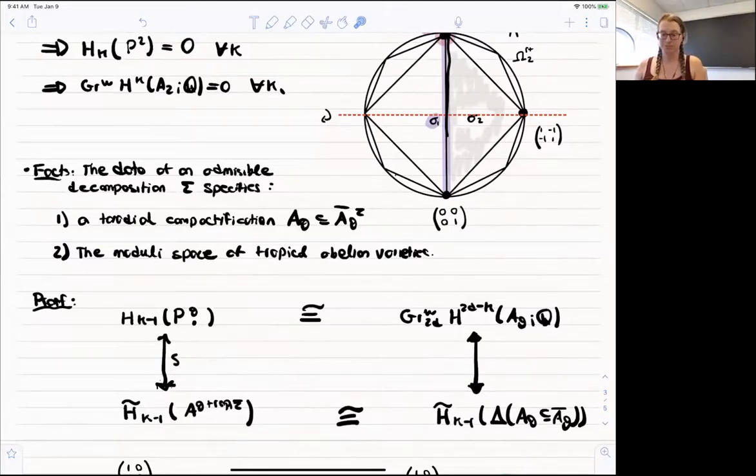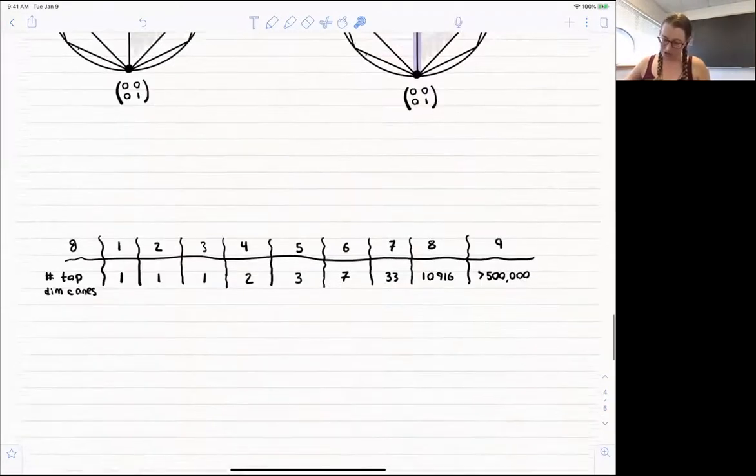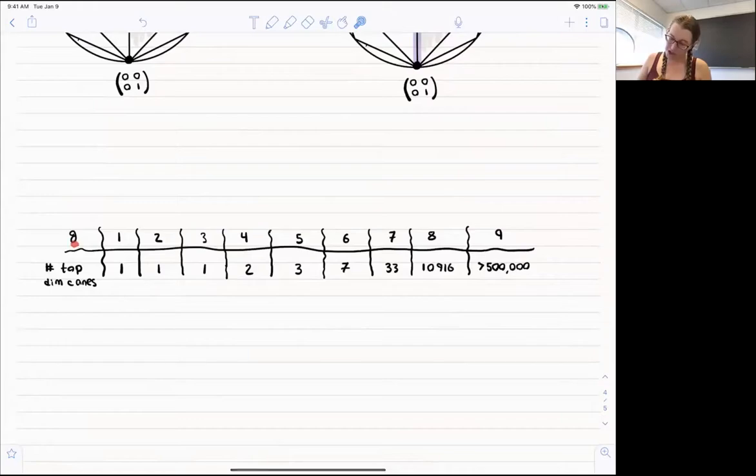= 7. And the reason for that is, well, here is a table of g, and then the number of cones only in top dimension. So it starts off pretty innocently. There's one cone, and then one cone, and one cone, and I think these first 3 cases were all things Voronoi computed in 1908.